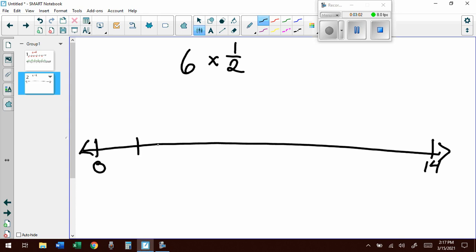And instead of counting 1, 2, 3, 4, 5, 6, 7, 8, I guess we can't. So we have 1, 2, 3, 4, 5, 6, 7, 8, 9.